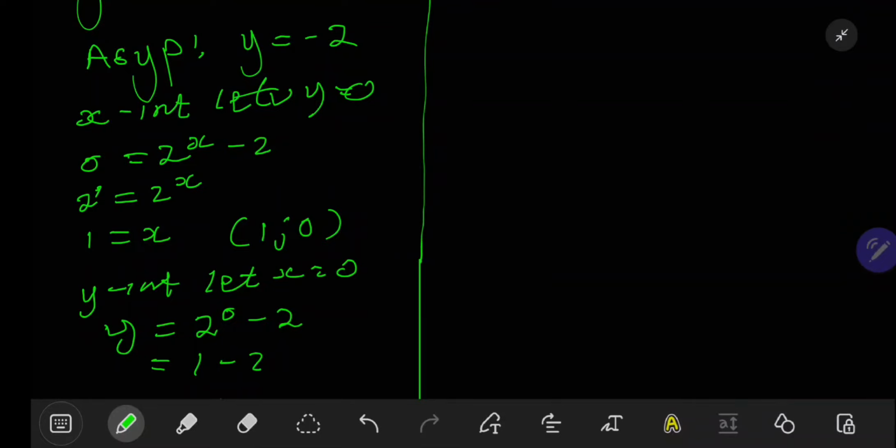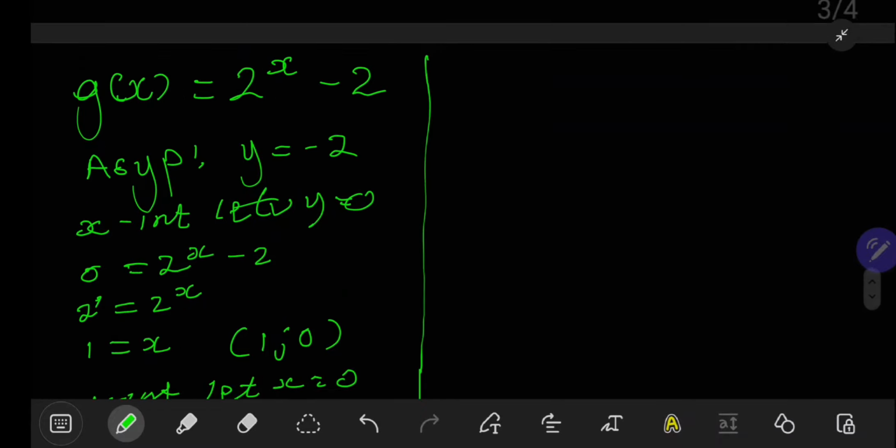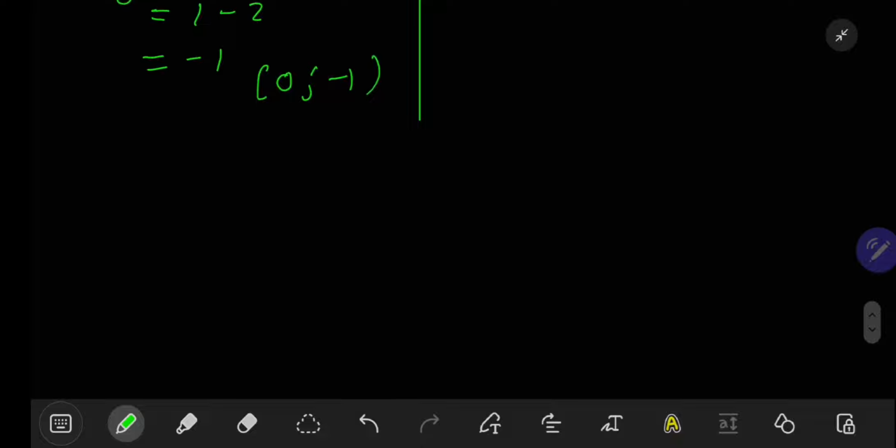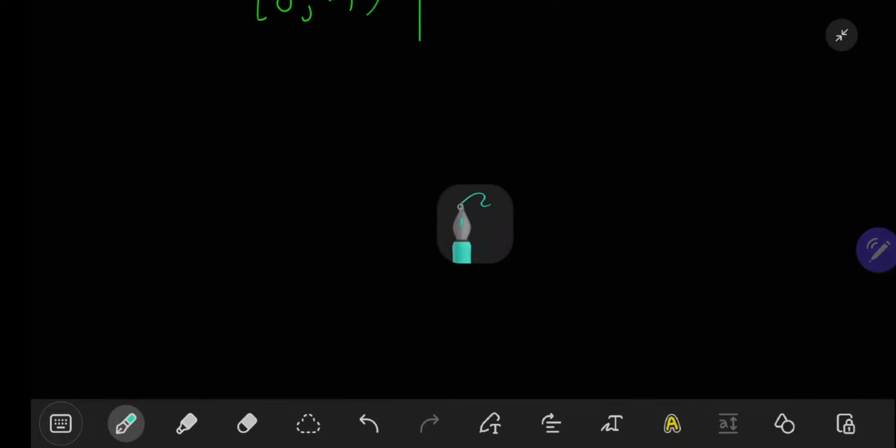Before we sketch our graph, I want us to determine the equation of the inverse of this graph. Or we can do this: let's sketch the graph first. Let's not rush. Let's sketch the graph of g of x. So this is our Cartesian plane here.